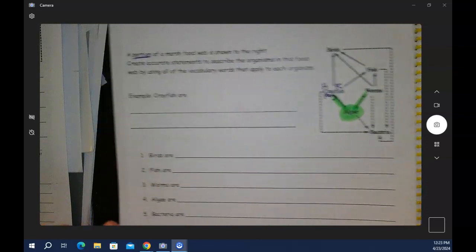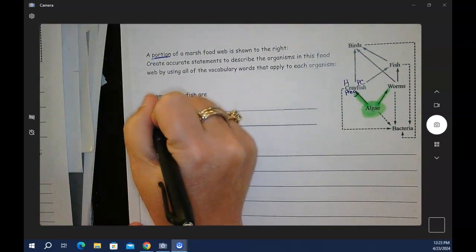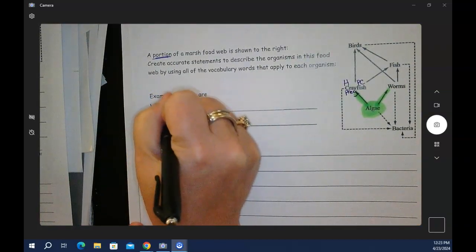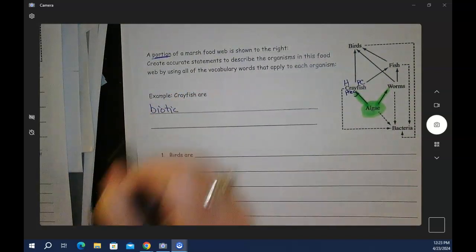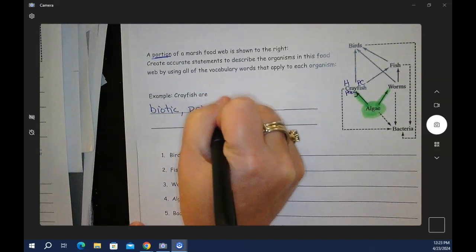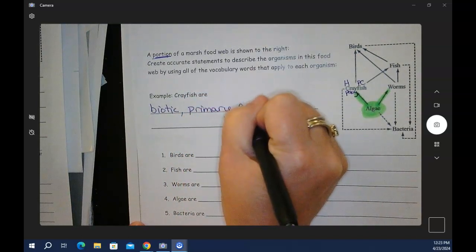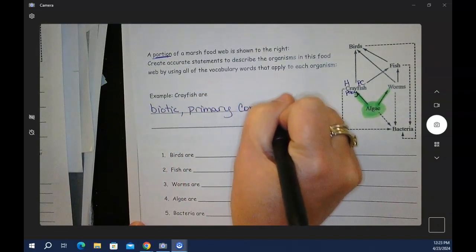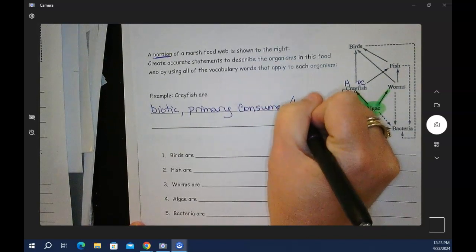And using the list that I had on the back, of course, crayfish are biotic, because they are living. That's a word that could describe them. They are primary consumers. Another word for consumer is heterotroph.